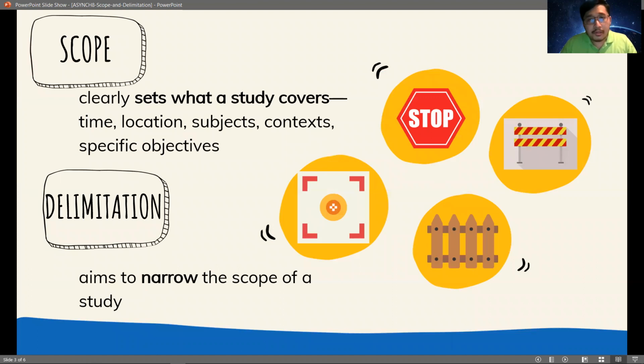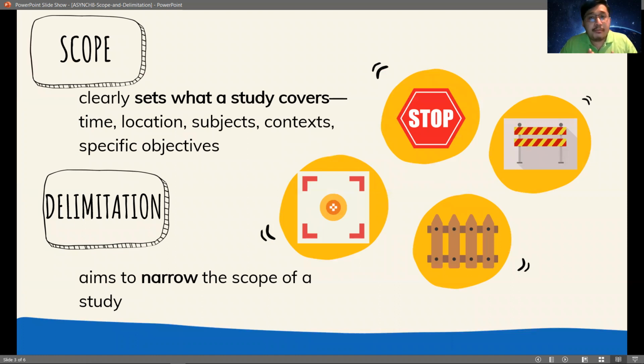Now, for you to not be confused, you just have to remember this. When we say the scope of the study, you will state here everything that will be discussed, everything that will be present in your study. Everything that will be used, everything that will be analyzed in your study, you state that here in the scope of the study.